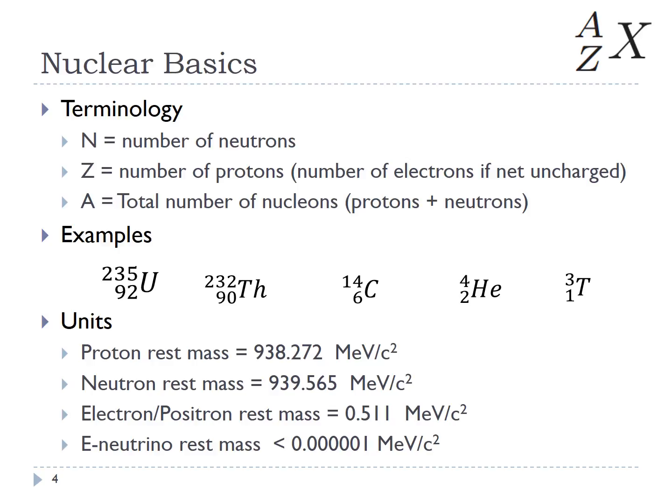So for example, you might have U-235, which would be uranium-235 with 92 protons. You could have carbon-14, 6 protons. And one thing I do want to note is often this last one shown is 3/1 T, right?